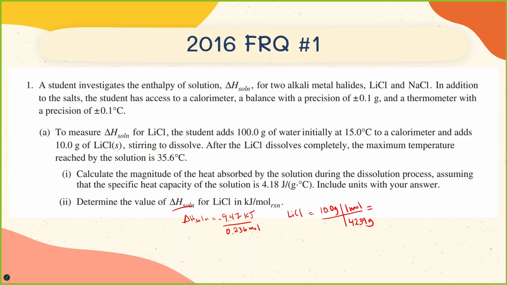That's where I got that from. So we figure this out: the delta H is negative 40.1 kilojoules per mole. And there we have it.